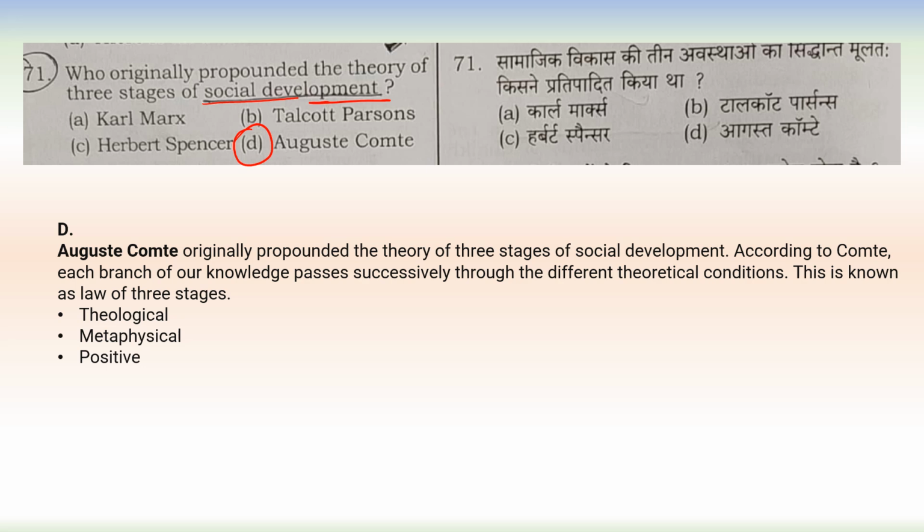According to Comte, every branch of our knowledge passes successively through different theoretical conditions, and this is known as the law of three stages. They are theological first, then metaphysical, then positive stage. So the answer is Auguste Comte.